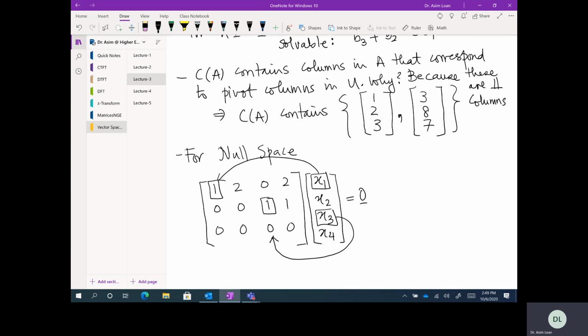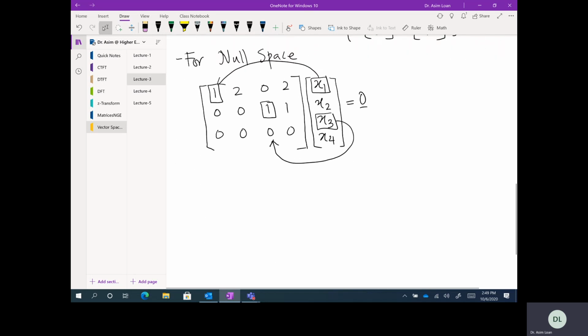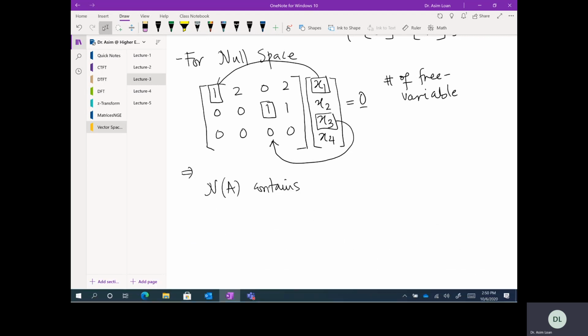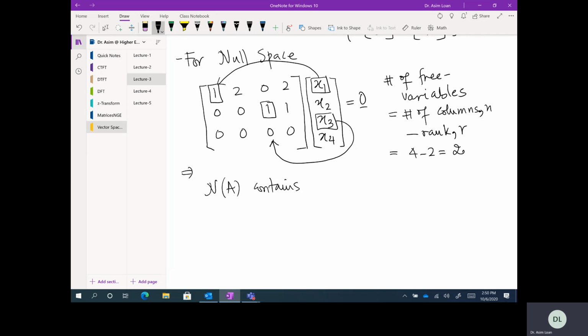Equals 0, and this implies the null space of A contains, so the number of free variables is equal to the number of columns n minus the rank r, which is equal to 4 minus 2, which equals 2.